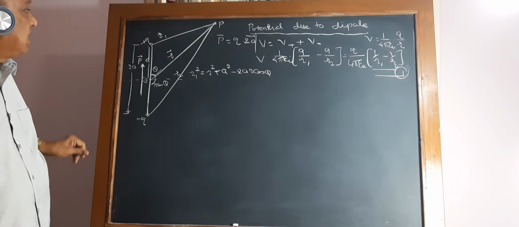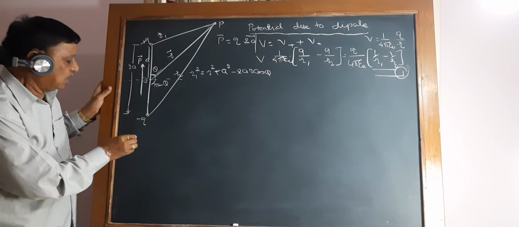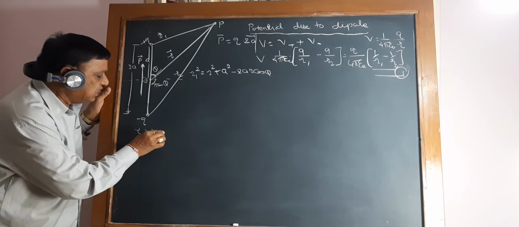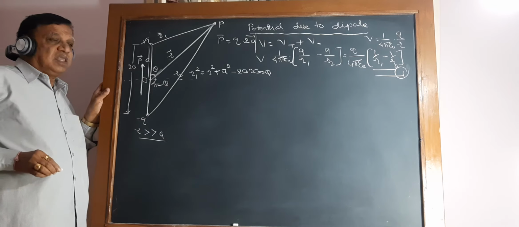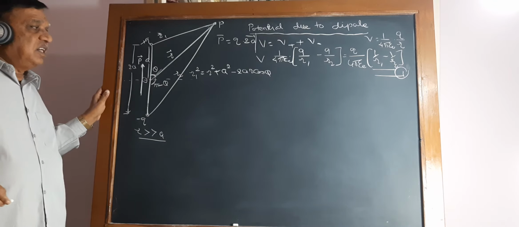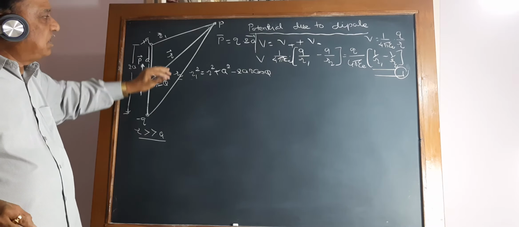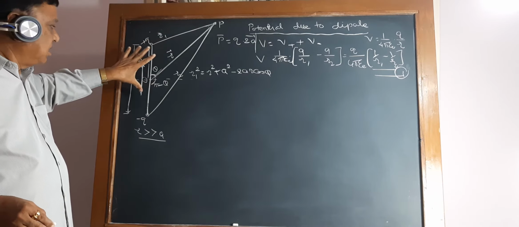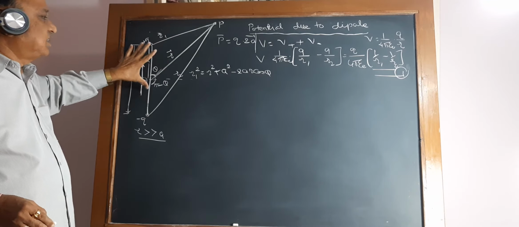But here we have taken the condition R is greater than A, which means the point is very far away compared to the size of the dipole.